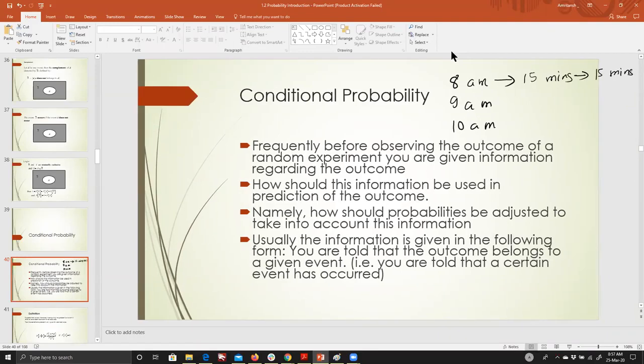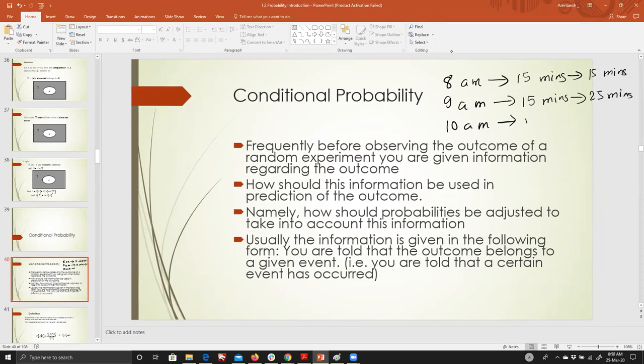Let's say, for argument's sake, at 9 a.m. an initial delay of 15 minutes would become maybe 25 minutes. But at 10 a.m. an initial delay of 15 minutes might result in, let's call it, 40 minutes.